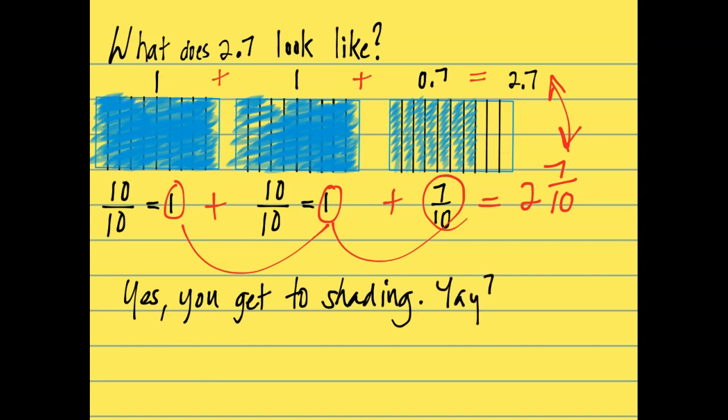So you may be also wondering, yes, you get to do shading. Yay. Some of you like the shading, others don't. In this case, I'm going to have you do it. In the lesson, I want to say lesson 4, it's something you can do only if it's helpful. You may be asked to do this kind of shading. And yes, I'm going to start talking about spring testing because we are going to be doing that. So don't freak out. It'll be fine.